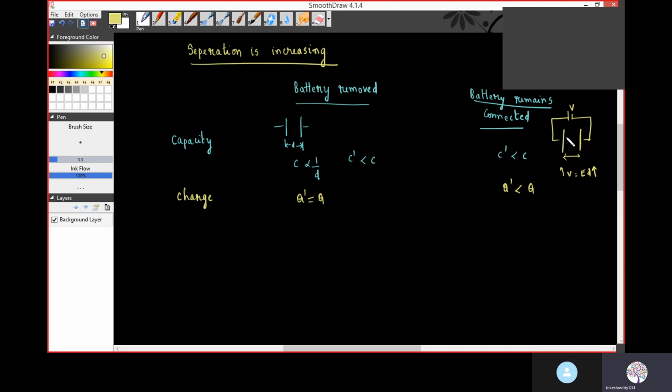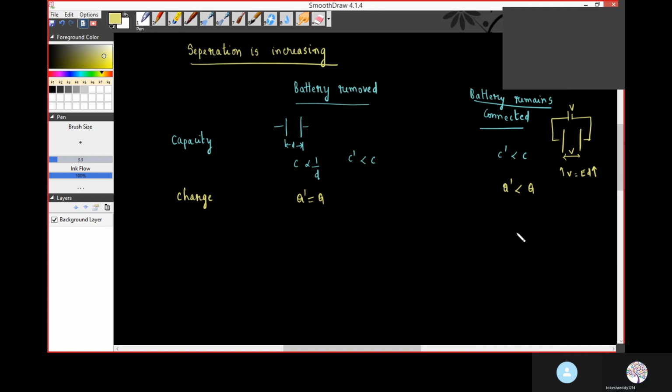So what happens here is it decreases the charge. The charge will move into the battery, and the charge will decrease on the plates, so that the potential between the capacitor and the battery remains the same.